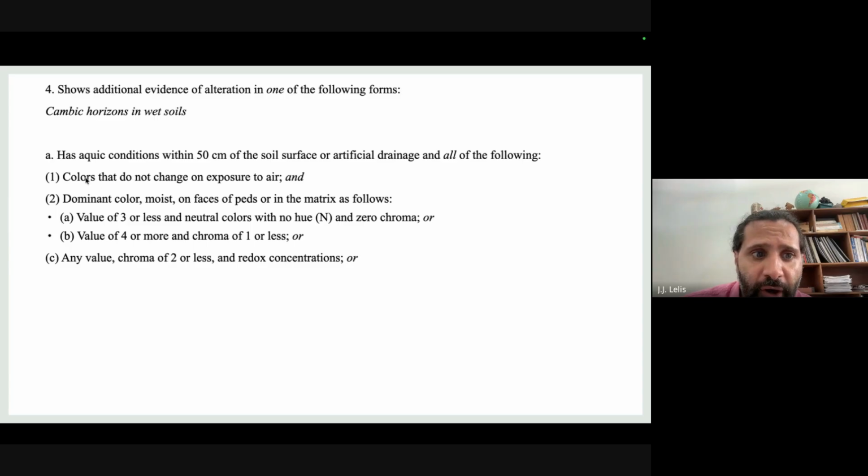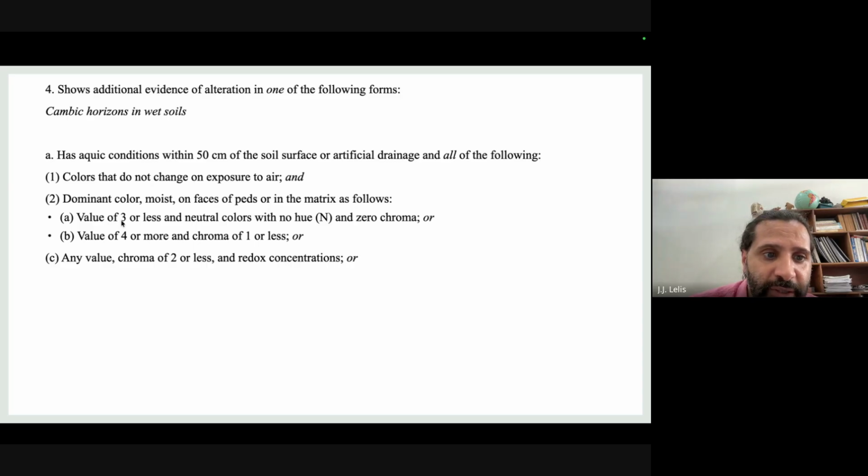I should register colors that do not change on the exposure to air. So I took some samples and I will expose those samples to air, and there's no changing of color. Okay, the dominant color, moist, on faces of peds or in the matrix as follows.